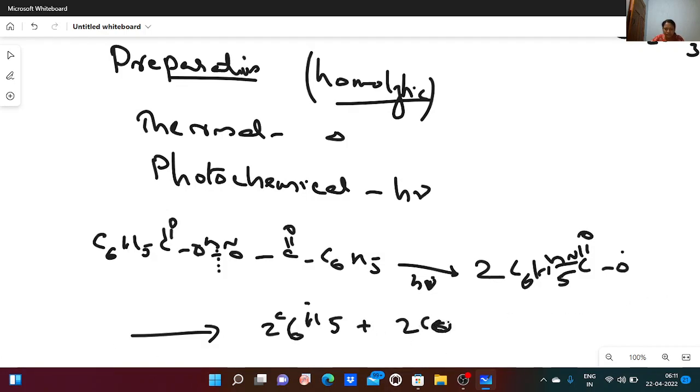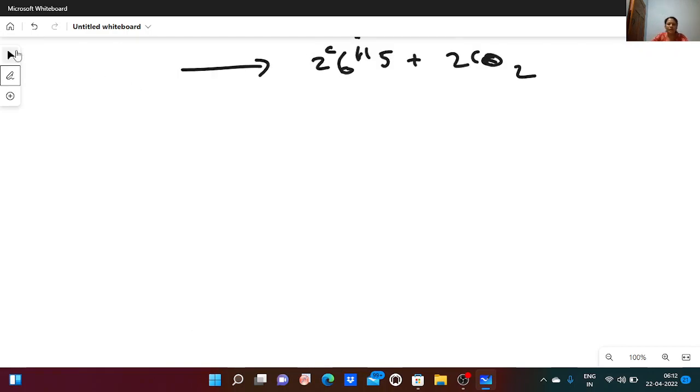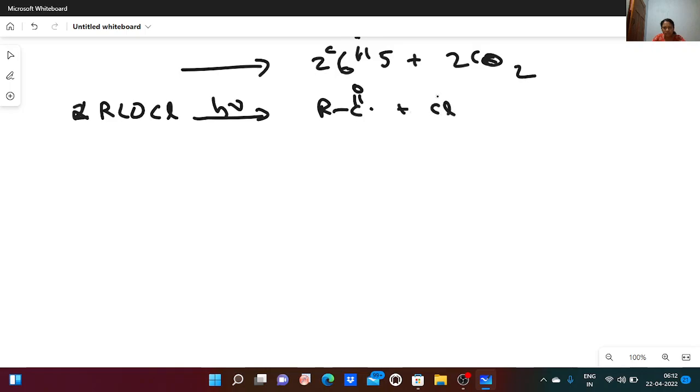This is also an example, or you can have simpler examples like RCOCl, which is given in your notes. In the presence of h nu you will get RCO dot plus Cl dot.